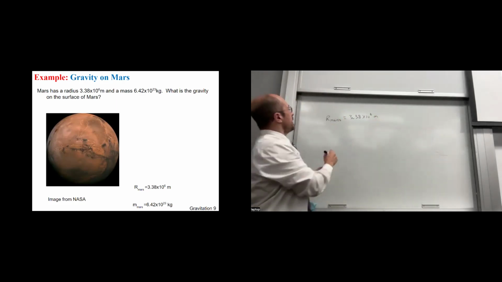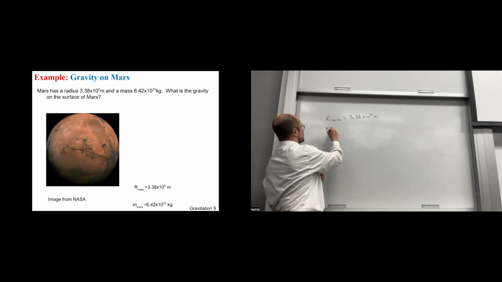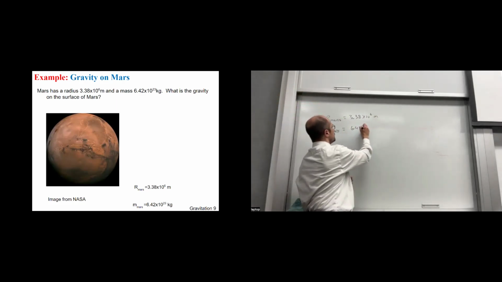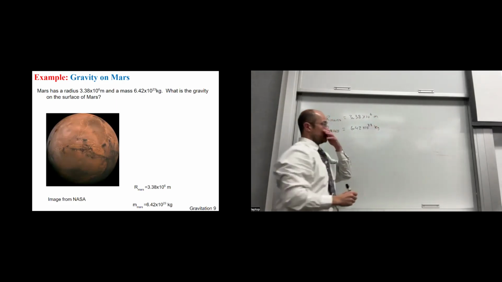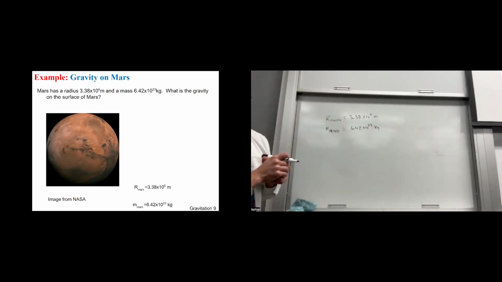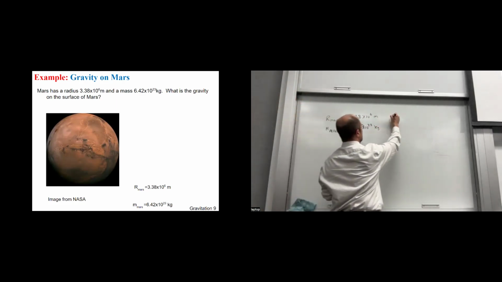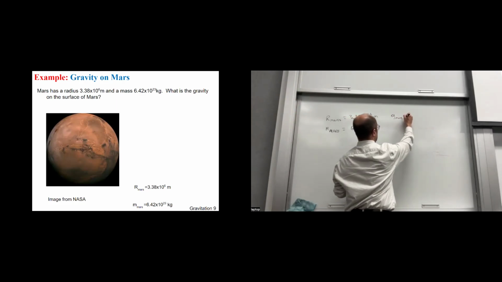And then they tell us that the mass of Mars is equal to 6.42 times 10 to the 23 kilograms. And they want to know what g is on Mars. So we're looking for g on Mars.